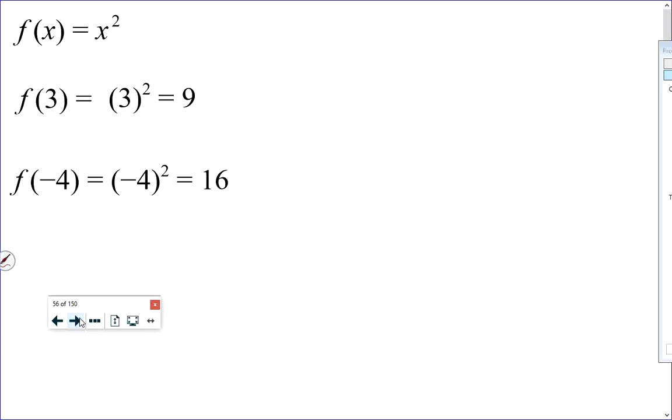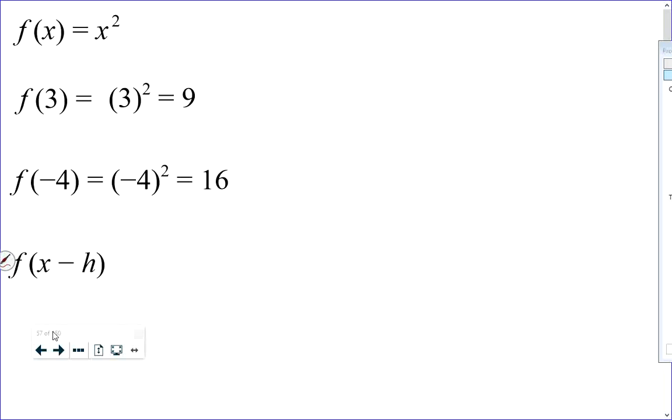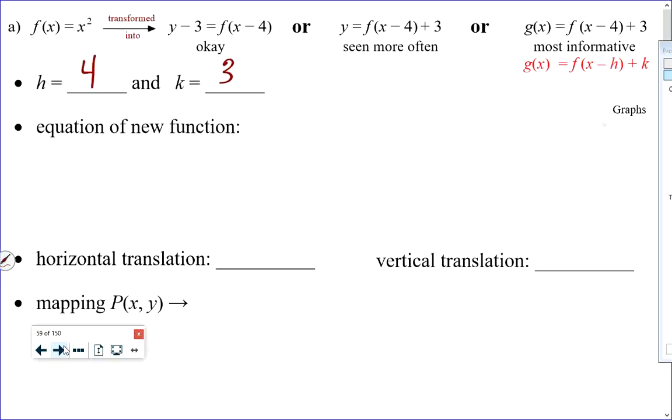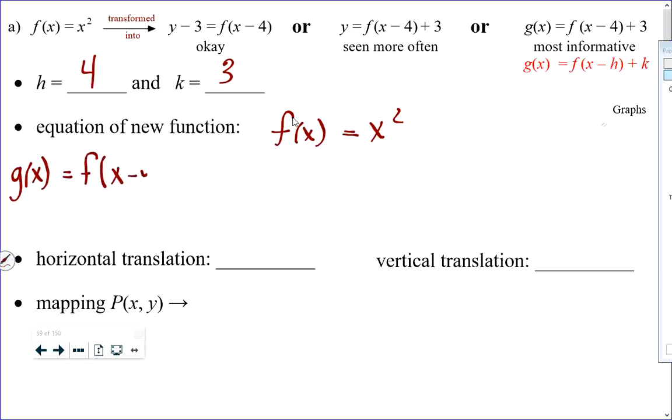So if I say, what is f of x minus h? It's x minus h squared. So when I have, I'll just write this here, I know it's already written down for you, f of x equals x squared, and I want to find the equation of this function, f of x minus 4 plus 3, this part is simply going to be x minus 4 quantity squared.